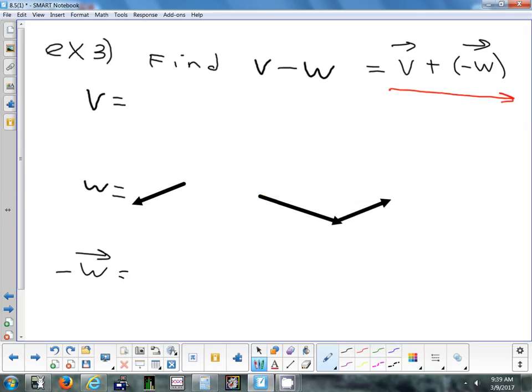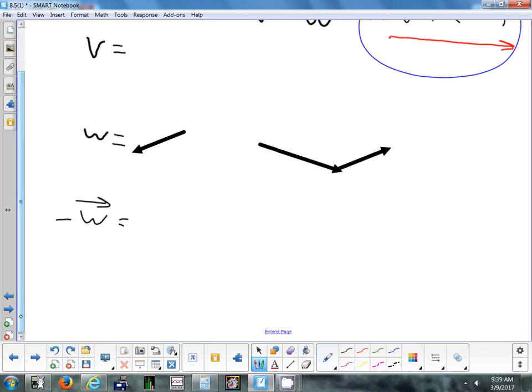Pretty good shape. Yeah, thank you. So there's v plus negative w. Okay, so questions on how to do subtraction. Let's find the opposite of the second vector and then add. Okay.